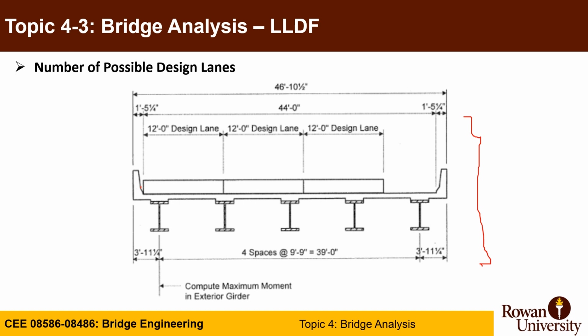You start from the edge of the barrier, draw 12 feet, but place a placeholder for a truck to be there in this lane load, another one, and another one, and you allow those design lanes to float laterally, so they can start from here and end around there. You are required to calculate the distribution factor from live load to both interior and exterior girders.